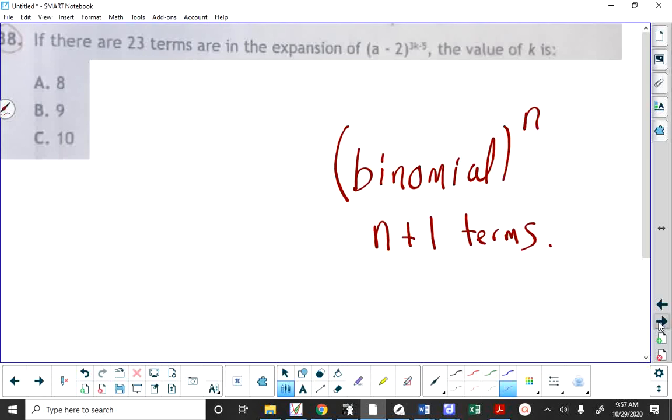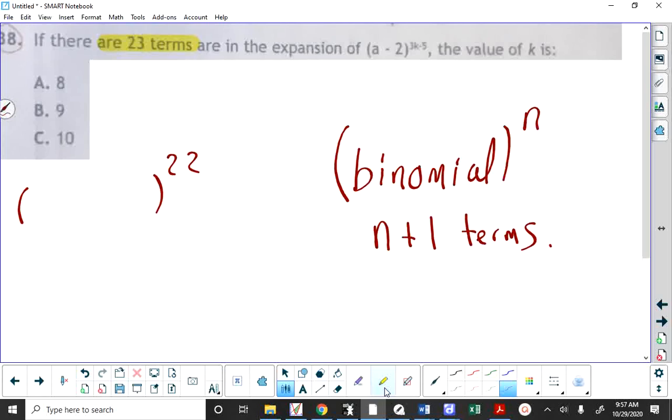Always. So when you have x plus y to the 12, you're going to get 13 terms. Now, if you think backwards here, if there are 23 terms, then that must mean that the exponent is 22, because you always get 1 more term than the exponent.